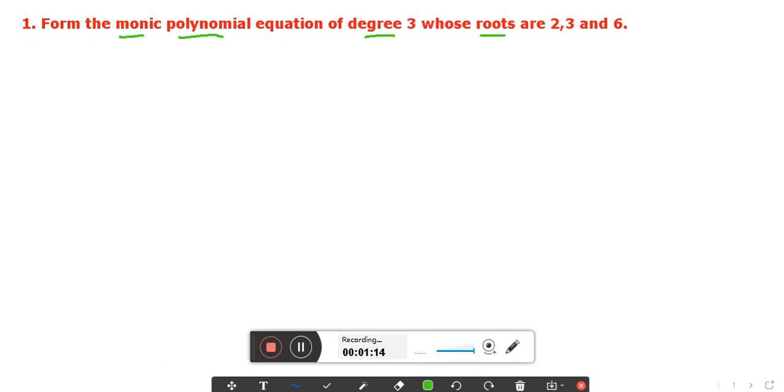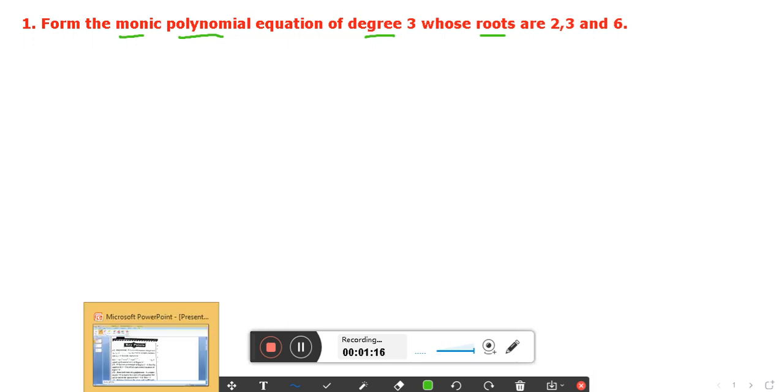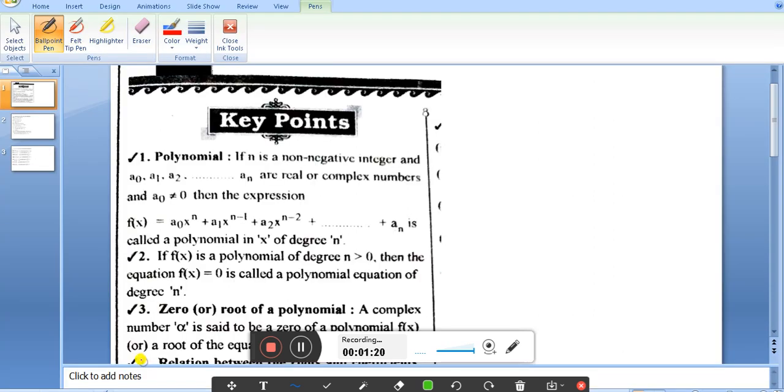Now we are going to explain the basic concepts of the theory of equations. First of all, the key points we are going to learn. Polynomial: what is a polynomial?